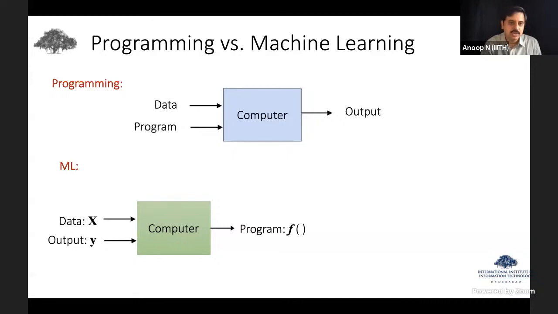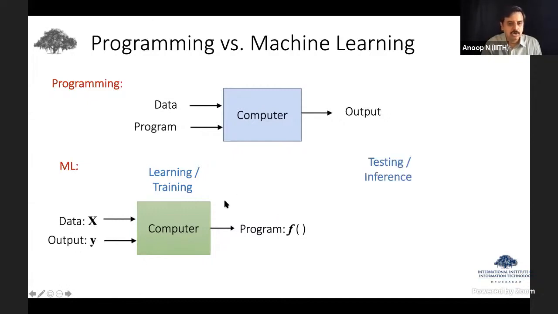So the first phase of machine learning, which we call the learning phase or training phase, is when we give inputs and outputs to the computer, and the computer will learn the program. It will create the program by itself. You don't code it up. You just provide X and Y pairs of input output, and the machine will learn the program.